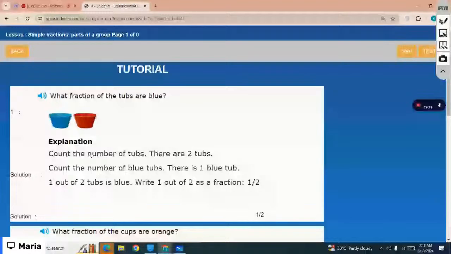It is 1 out of 2, right? The total are 2 and one of them is blue. Let's just start with the test questions.